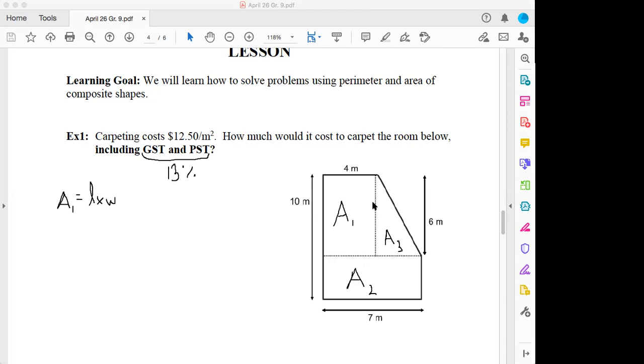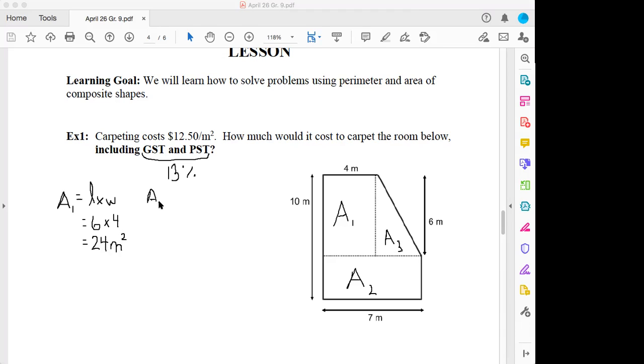It is only this section here, which they tell us is 6 meters anyway, so it's pretty simple. So our length would be 6, and our width would be 4. Okay, so put that together in the calculator, or if you're good, remember your multiplication tables. Okay, so it's 24 meters squared.